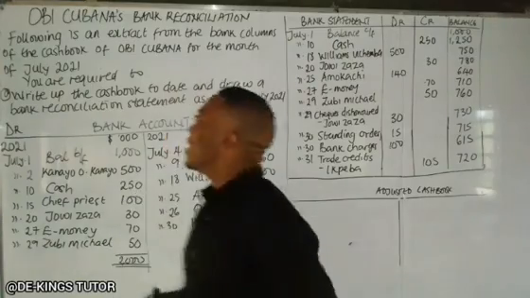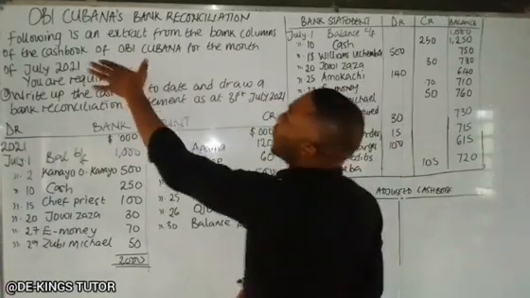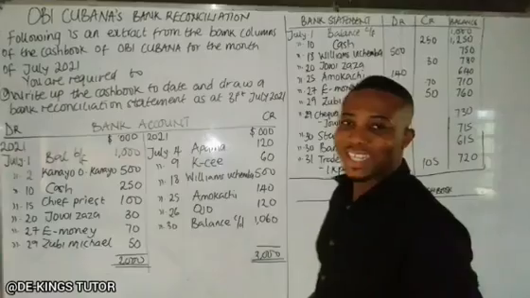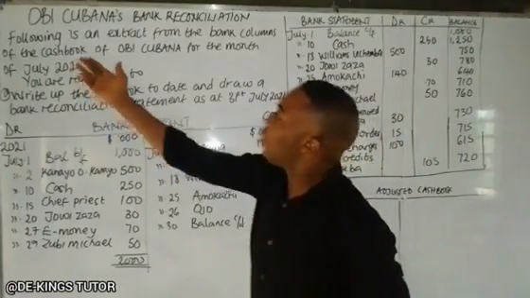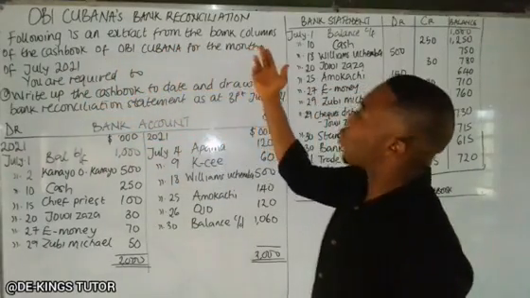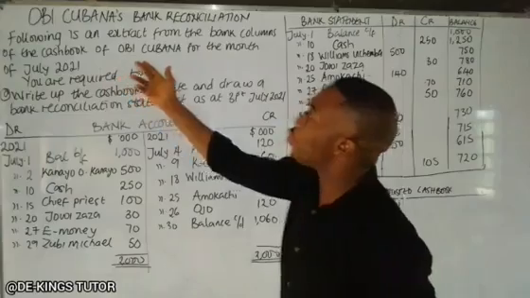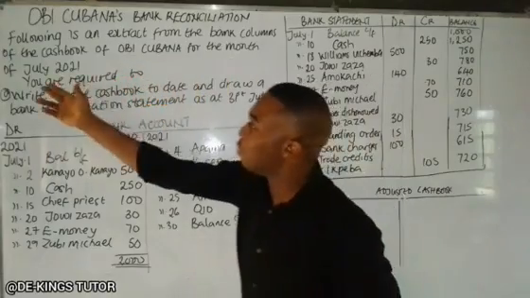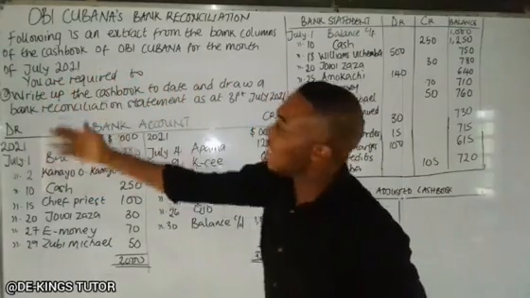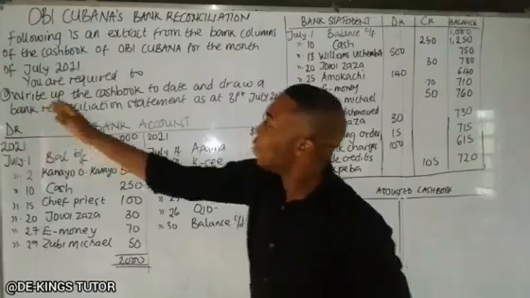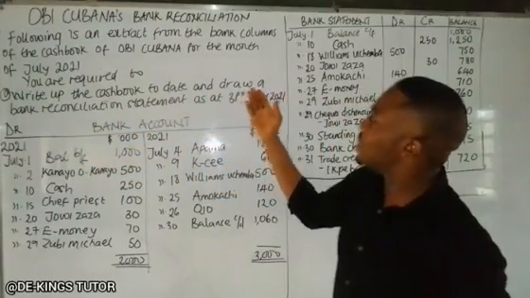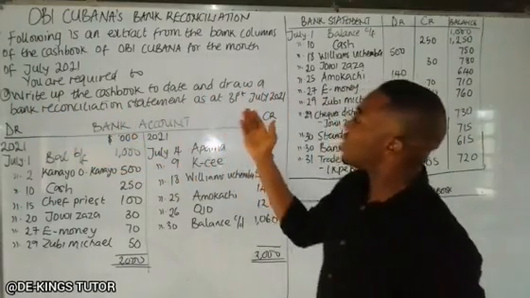Now follow me. It said Cubana's bank reconciliation. Now it said following is an extract from the bank columns of the cash book of Cubana for the month of July 2021, and you are required to write up the cash book to date and draw a bank reconciliation statement.